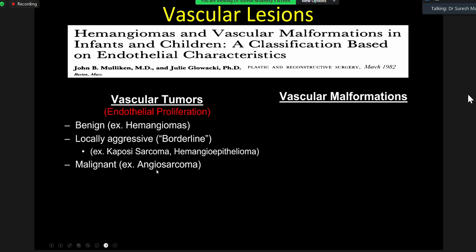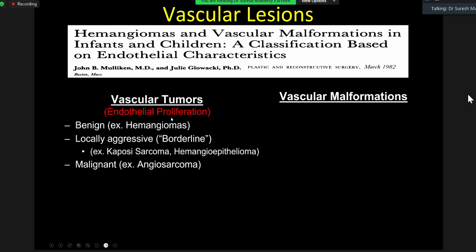As I toggle between different organizations I'm involved with, realize that when we're talking about these vascular lesions in this context, things like Kaposi sarcoma and angiosarcoma are felt to be, quote unquote, vascular tumors under a vascular malformation category.